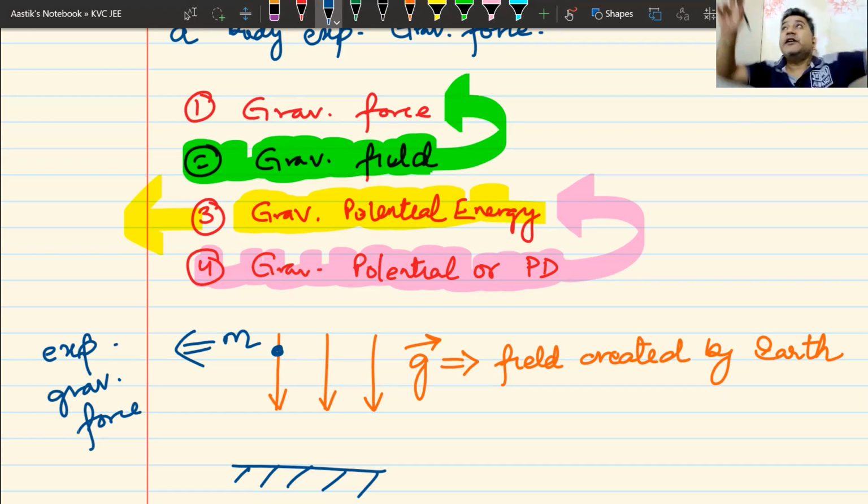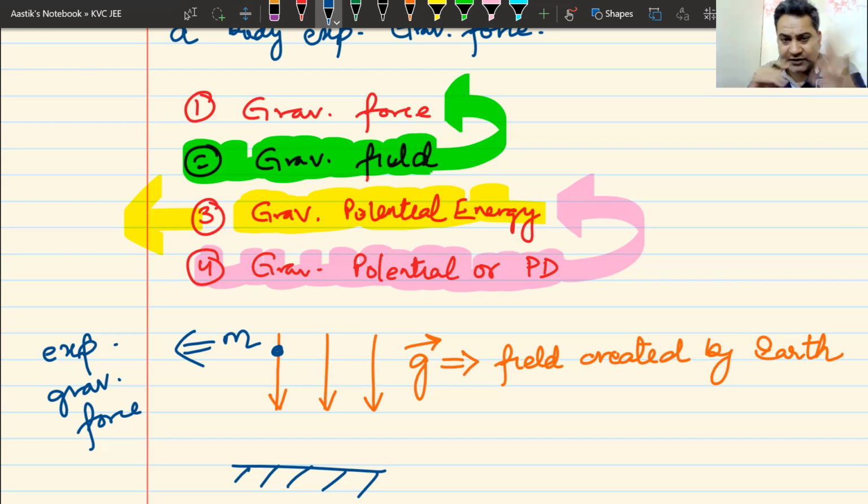Not all the points have blocks or bodies there. I can see a lot of vacant space, but the gravitational field is always there. If I put blocks at any of the points in this room, they will start to experience gravitational force. So all those points are points in the field. If I place a block or body there, it will start to experience gravitational force. Do we understand this concept of gravitational force being created by gravitational field?